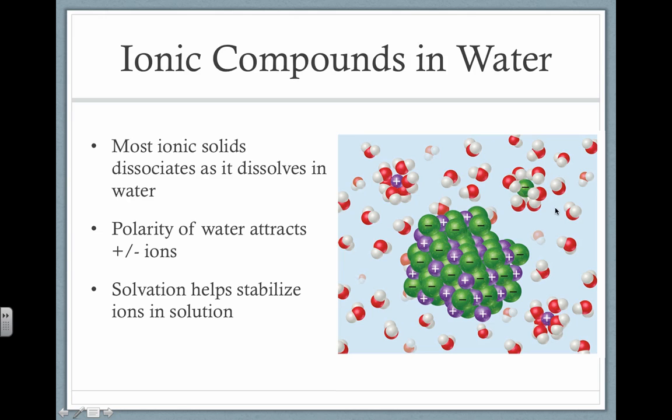So if you look closely at this figure on the right, notice how the positive ions are attracted to the negative oxygens from various water molecules, and notice how the negative anion is attracted by the positive end of the water molecule. This process is called solvation, and this helps stabilize ions in solution. You can also imagine you can get to a point where there aren't enough water molecules to handle the salt that you're adding in, and we'll talk about what happens to that later.